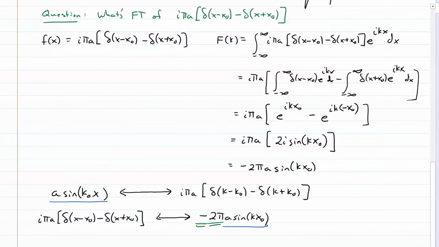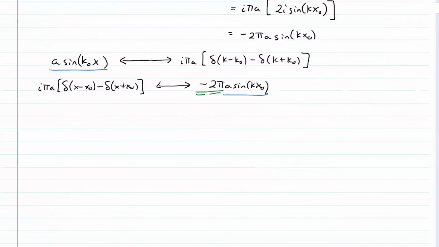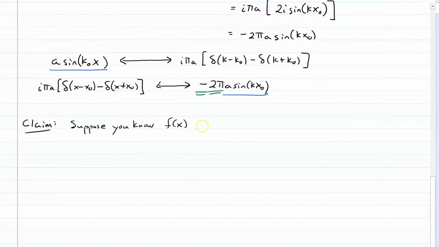Okay. So let me try to formalize it a little bit. Let's try to prove it in general. So I'm going to try to prove something general. Here's the claim. Suppose you know f of x and F of k are a Fourier transform pair.